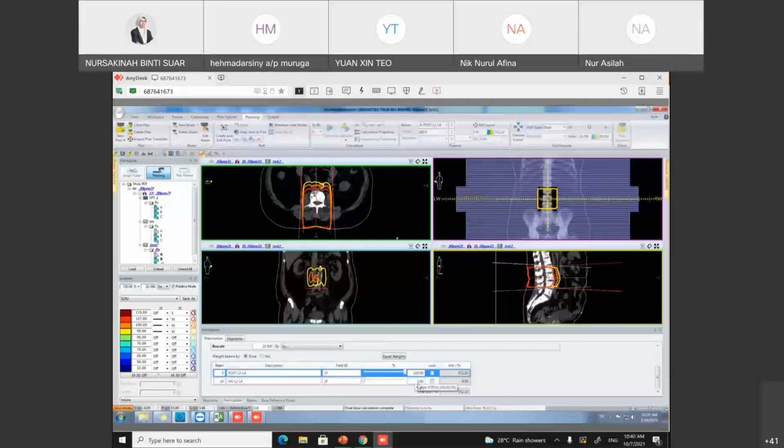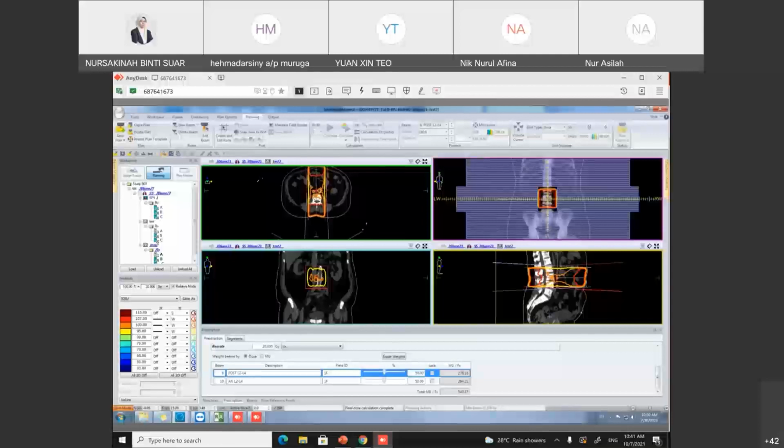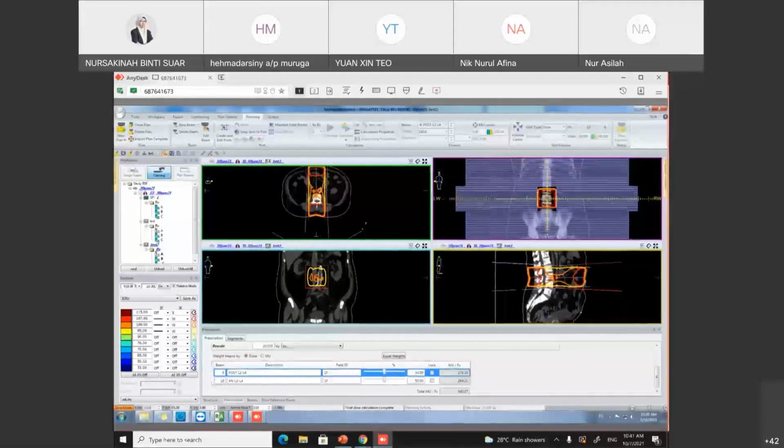Normally for this kind of case, we will put it equal, 50% from each beam. So when you look at this, our isocenter still covers 50%, and the yellow color, 95%, covers all the region L2 to L4. And then, okay, this is the plan what doctor means, mid-plan dose, so 100%.